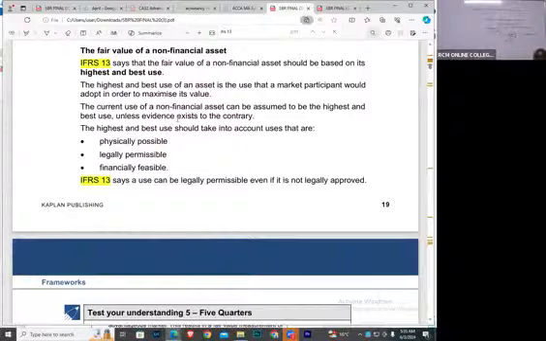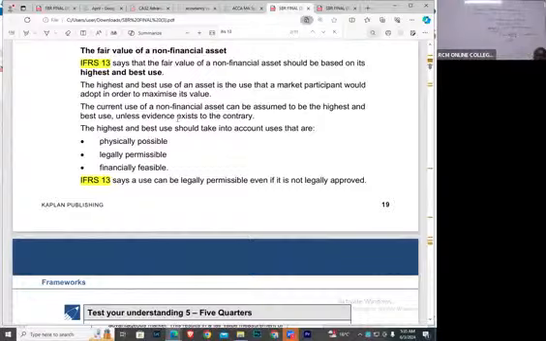The highest and best use should take into account uses that are physically possible, legally permissible, and financially feasible. Don't tell me that you can now start growing mogoka, even if it is legal, and therefore I'm going to value this land in trillions.